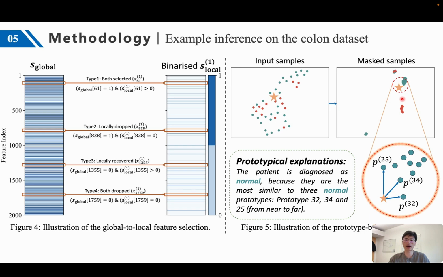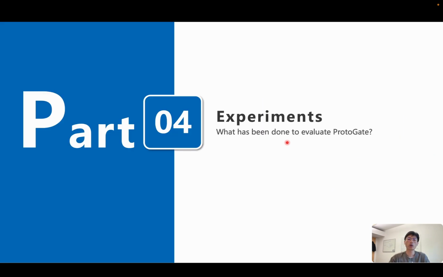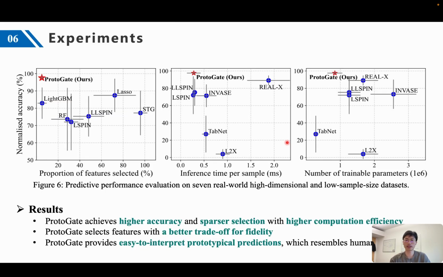Here we further provide two illustrative examples of the ProtoGate inference process. Firstly, on the left side, we show the interaction between the global selection and local selection. On the right side, we further detail how to interpret the predictions made by ProtoGate from the perspective of prototypical explanations.